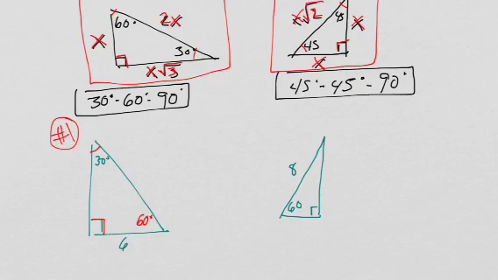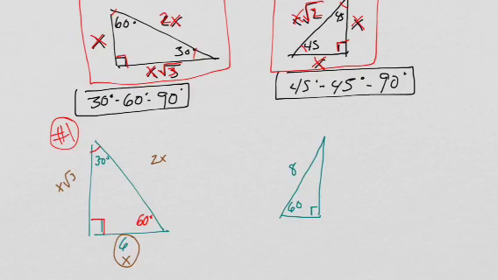Once I've identified that, I say, okay, 30-60-90 triangle, the side across from the 30-degree angle is going to be my x. The side across from the right angle, the 90-degree angle, is going to be 2x. And the side across from the 60-degree angle, the long leg, is going to be x square root 3. We can see here that x is on the side with the length that we know, which is 6.